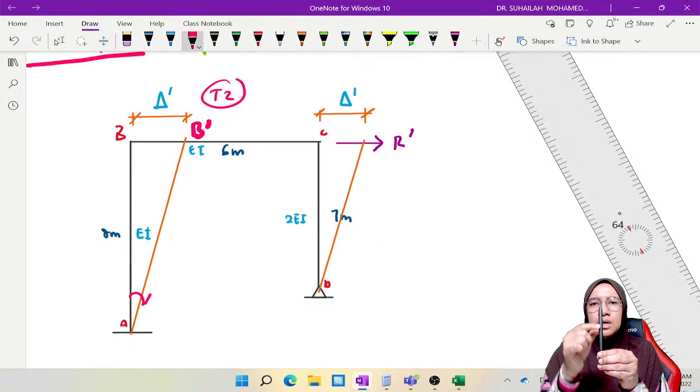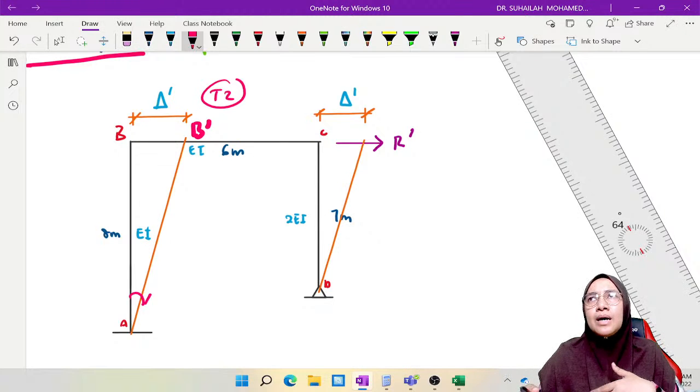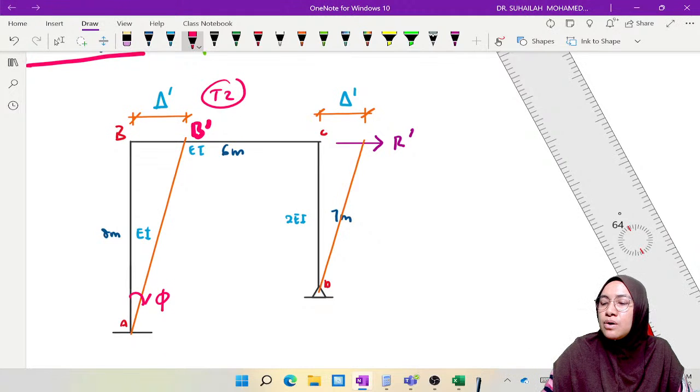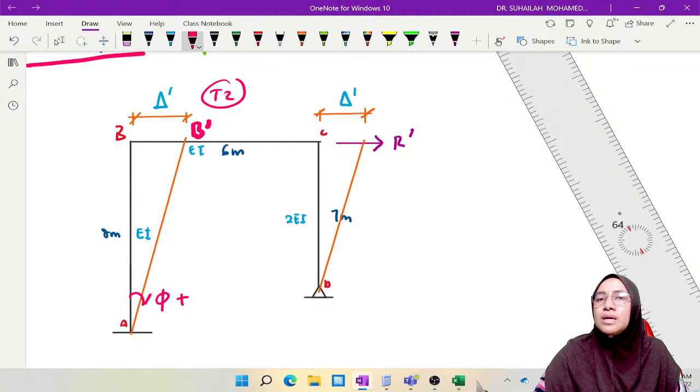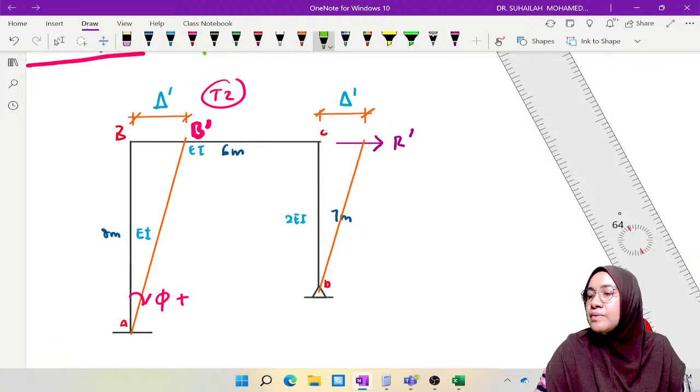So it moves this way, rotates this way, and the moment counters back. That is actually what is happening. This is the chord rotation, a positive chord rotation, so the moment must counter back. I put it in green color, the moment.